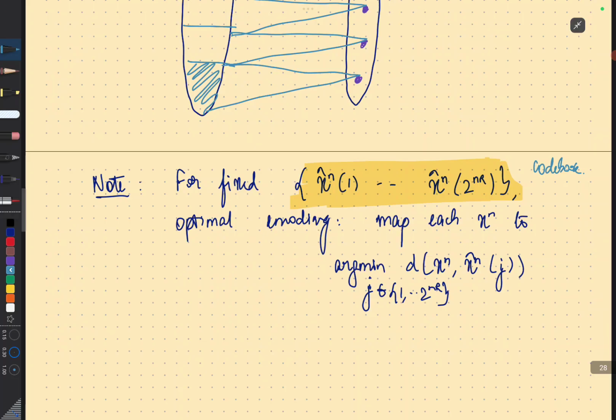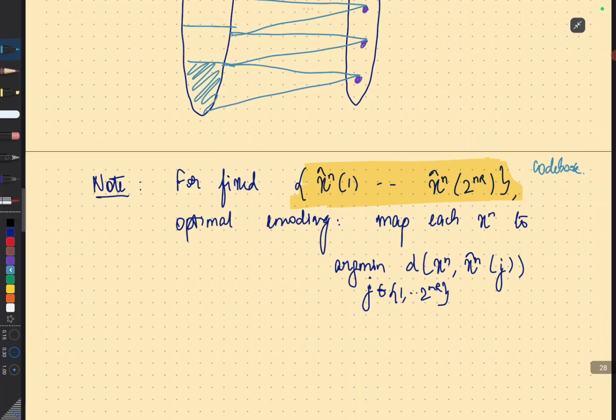So basically, constructing a lossy compression scheme can be decomposed into two things. One, you construct a code book, which is the set of all reconstruction points, the 2 to the nr reconstruction points. And the second is the encoding. How do you map each source sequence to the corresponding reconstruction sequence or code word in the code book?